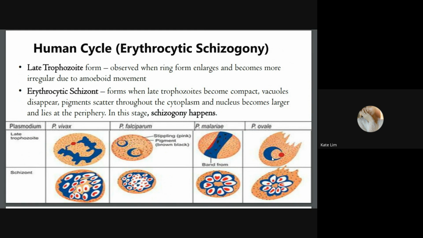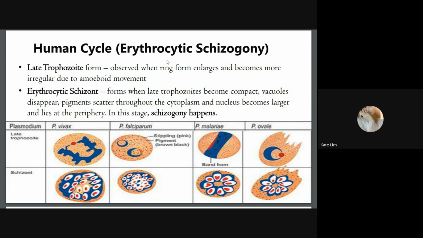So when it becomes larger, it enlarges, it would now become mature and transform into what we call the erythrocytic schizont. At this stage, the trophozoites become more compact, as you could see here in the schizonts.